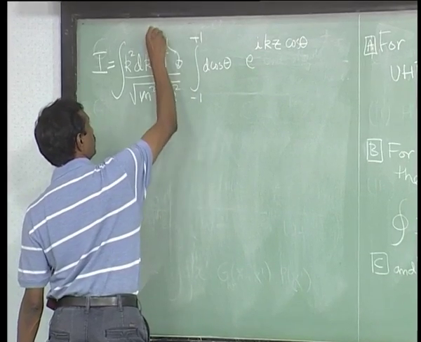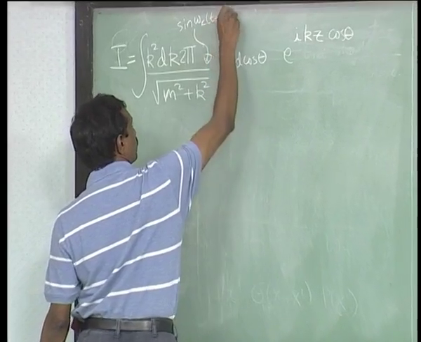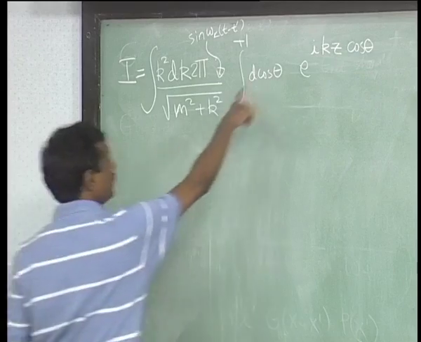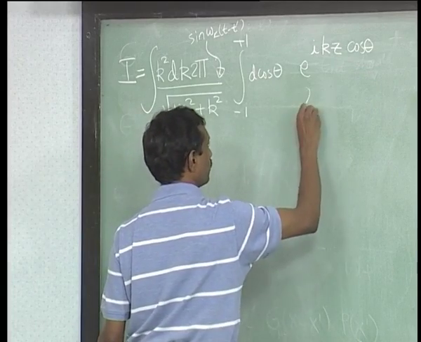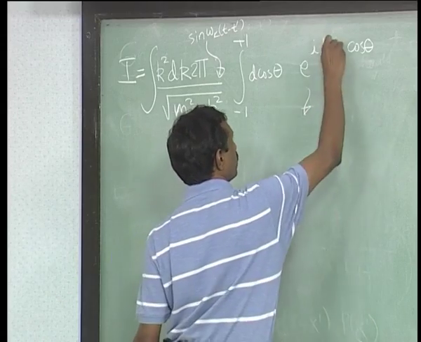I forgot a sign. Okay. So, I just need to do this, but this is very easy. Let me call that combination R instead of calling it z.